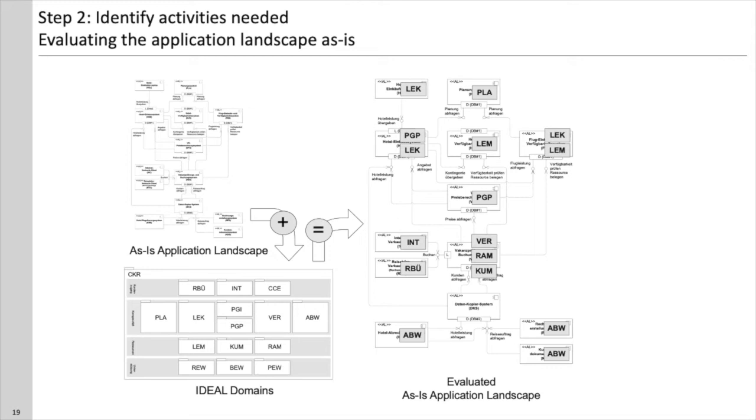And what we find, you see that on the right, is that in the as-is situation there are components that belong to one and only one domain. So from that point of view, there's no activity needed. But there are activities needed where we have more than one domain, and you see that here, for example, there are 2 domains, or here there are even 3 domains.